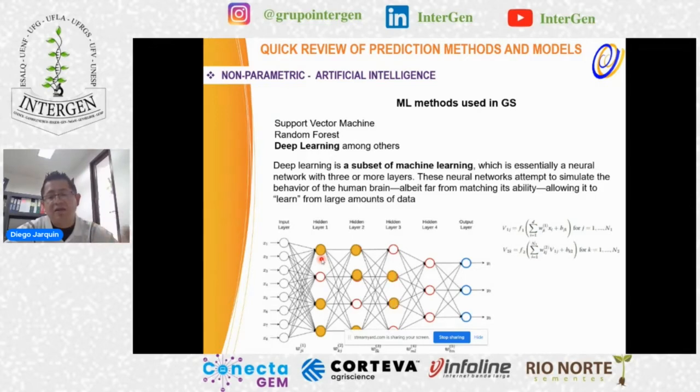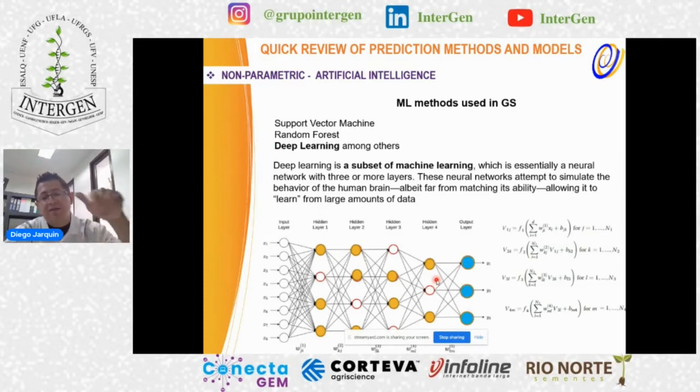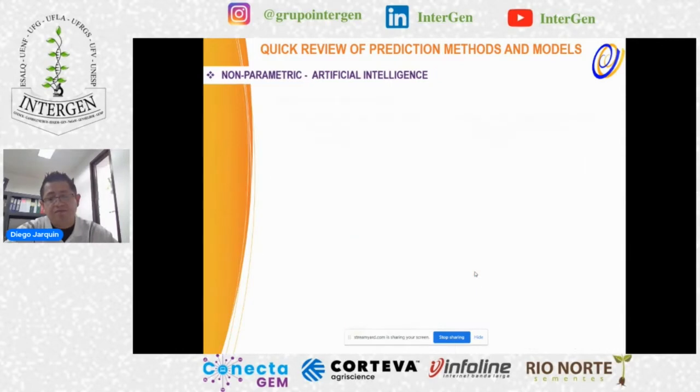So in these cases, we have different parameters that we might be interested in optimizing, and in each one of the layers we have bias, we have weights, etc. And we have embedded the different regressions. At the end, we use a linear combination of the neurons derived from the last layer to predict the performance of the unobserved genotypes.